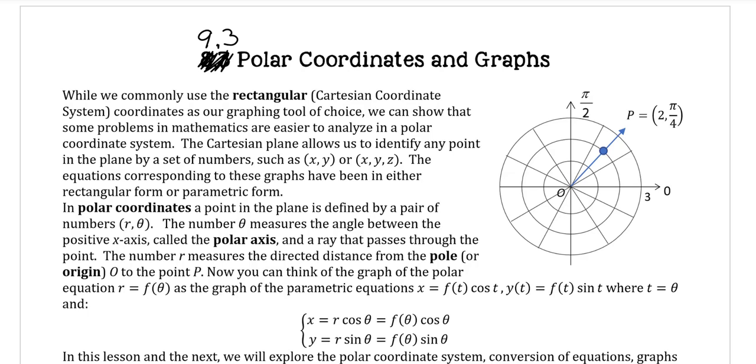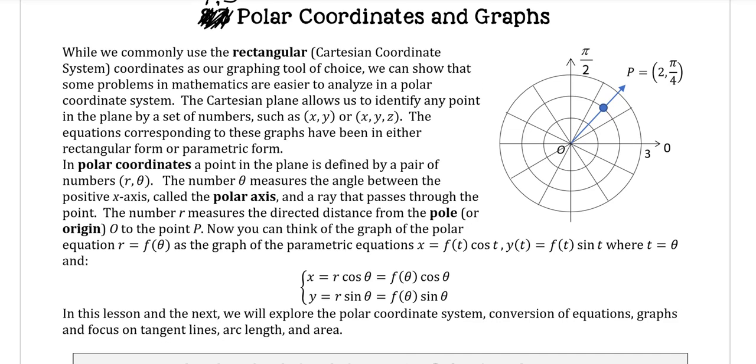Okay, so we are going to see our equations written in different forms, such as if we write them just as r and theta, we can also write them as f of theta. We can use parametric equations where x is going to be f of t cosine t and y of t will be f of t sine t, where t is our theta.